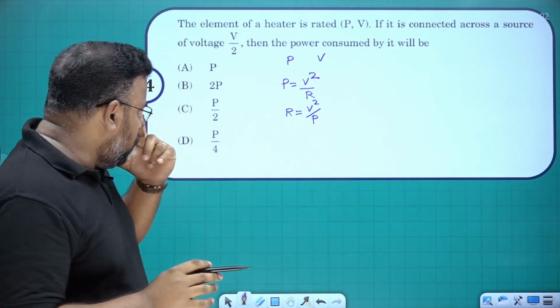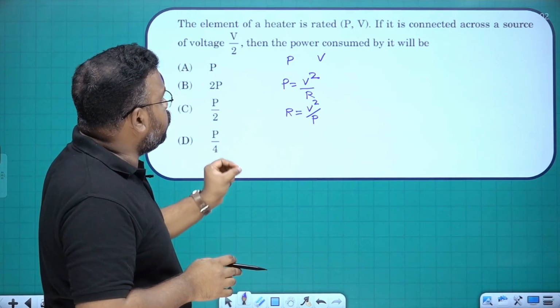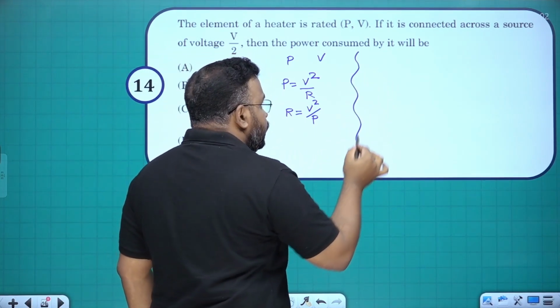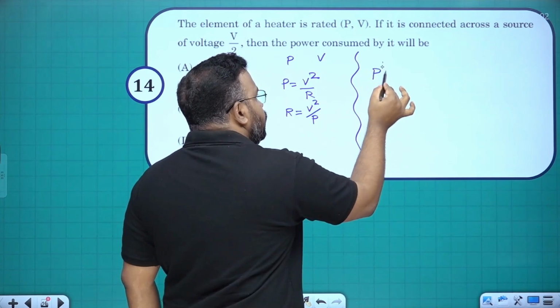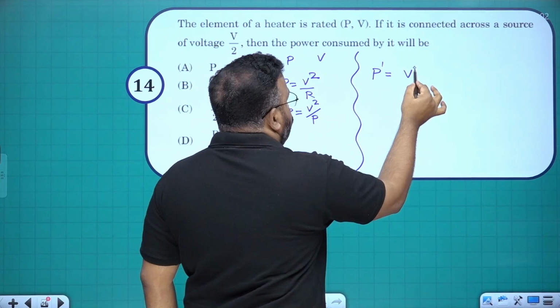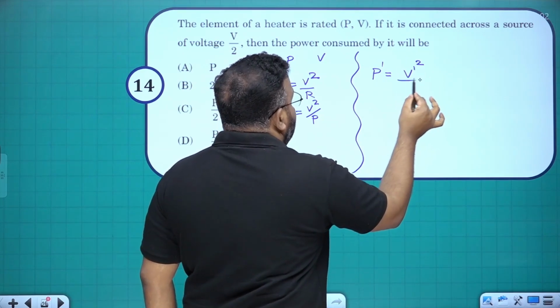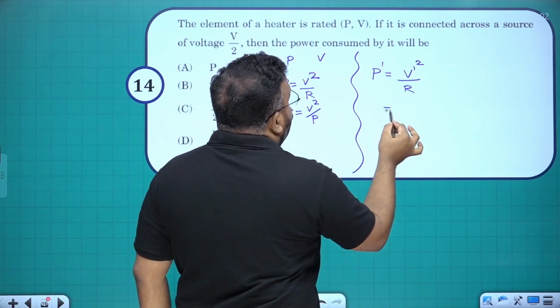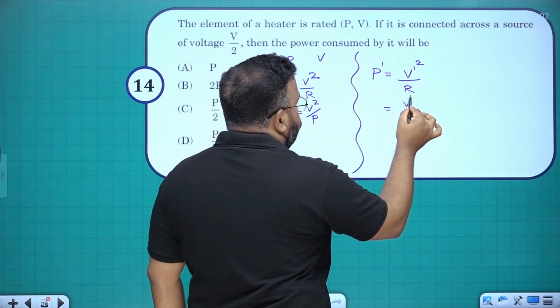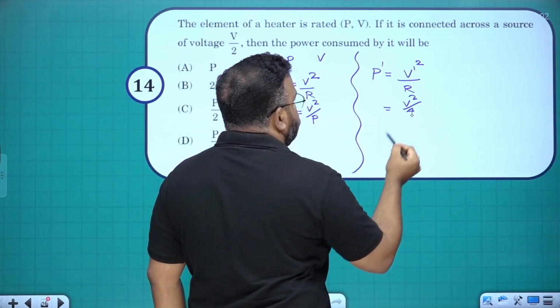Understood? Now, we are connecting this device across a new voltage. So what is the new power? I'm going to take that new power as P dash. P dash is equal to V dash square by R. What is V dash? V dash is V by 2. It's given V by 2. So squaring we get V square by 4.